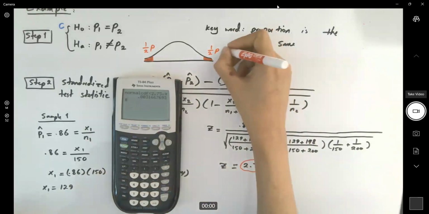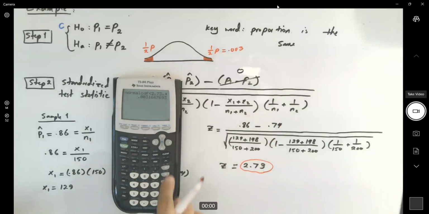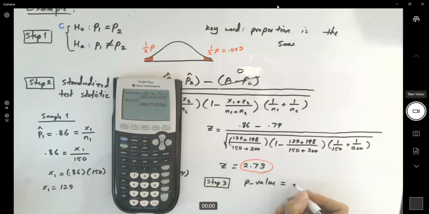This is 0.003. If you multiply it by 2, you get the p-value. This is step 3. Our p-value is 0.006.